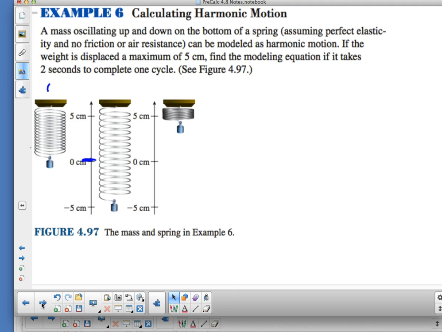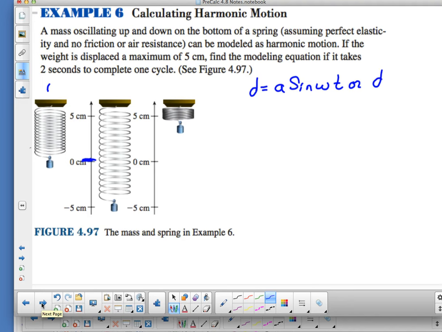Now, when I'm starting this, I have a choice as I'm going for my model. I have d equals a sine omega t, or d equals a cosine omega t. Now I've got to make a decision on which one I start at.